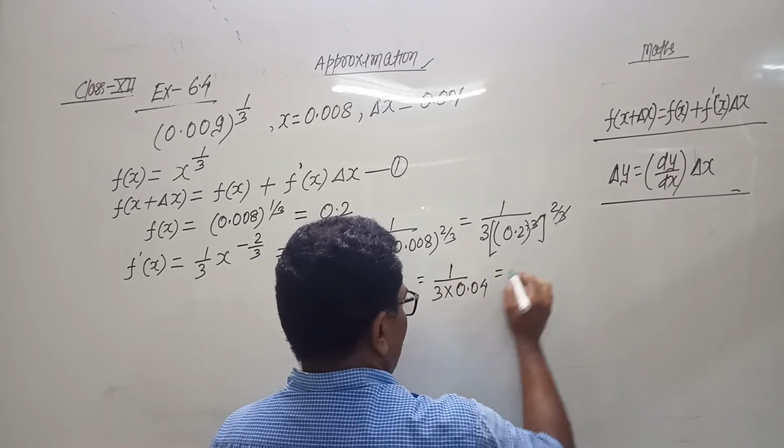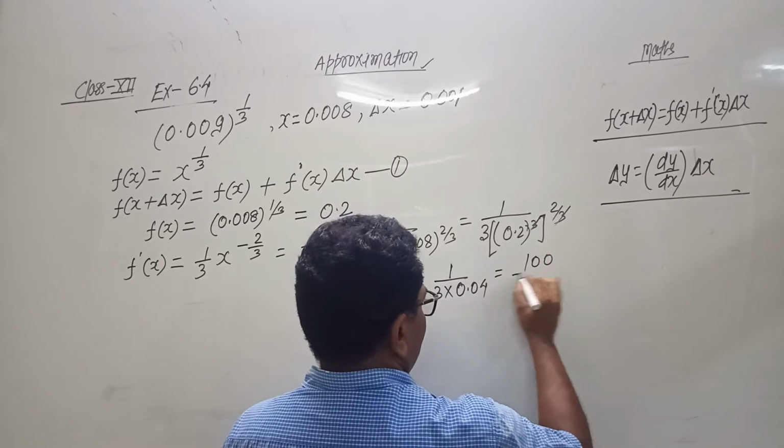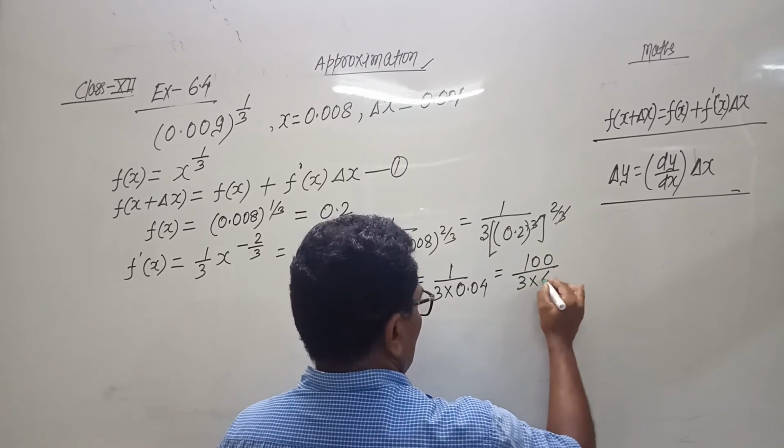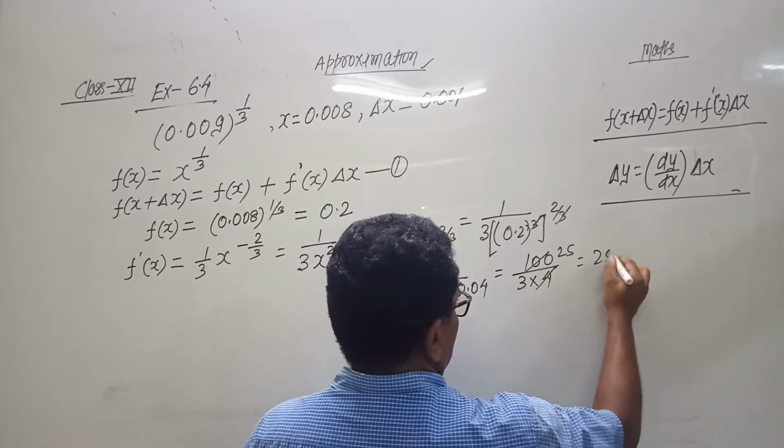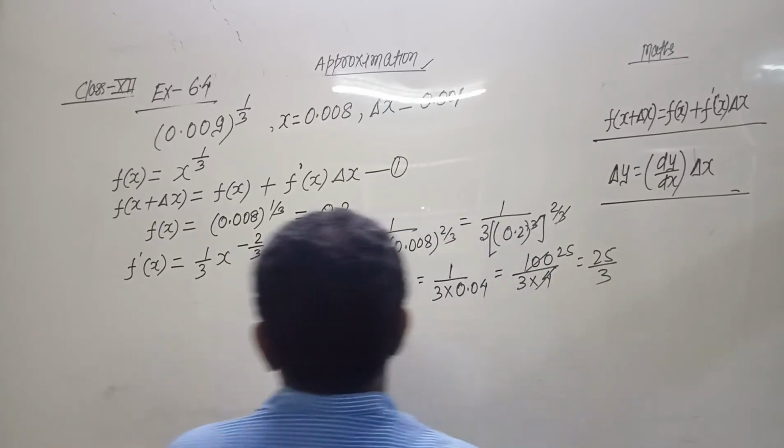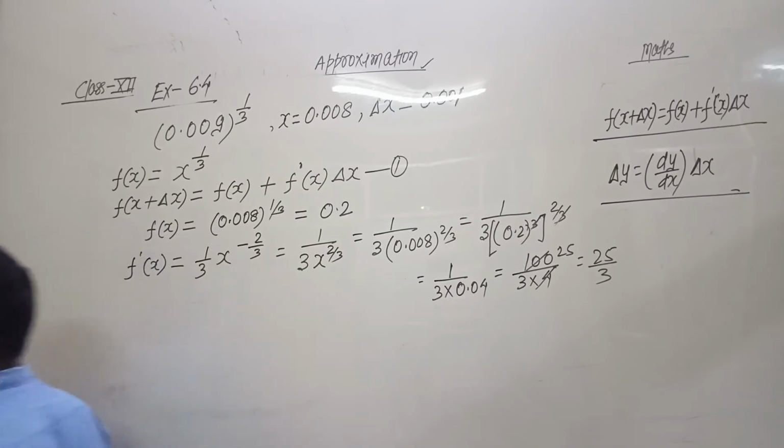So at the numerator place there comes to be 100 upon 3 into 4, and 4 into 25 is 100, means 25 by 3. So we get the value of f dash x. The value of f dash x comes to be 25 by 3.